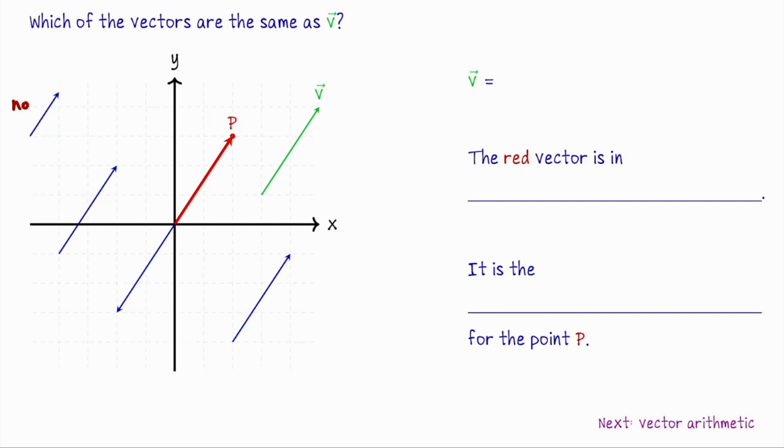In fact, let me go ahead and write that. v in component form is 2 because we go 2 units in the x direction, the positive direction, to the right, and 3 units up. That's the positive direction for y. So in coordinates, v is 2 units to the right, 3 units up. And you could also write this as 2i plus 3j.